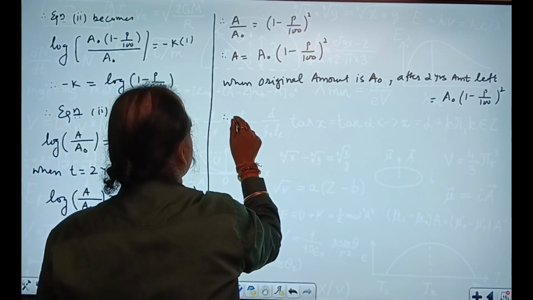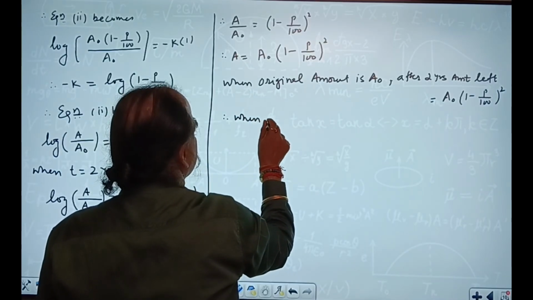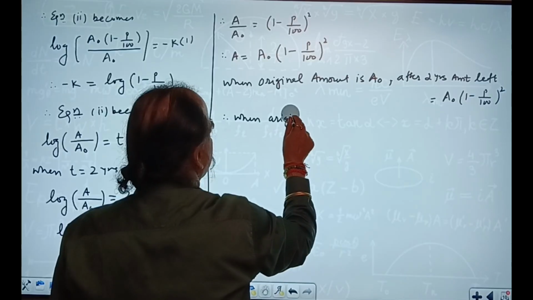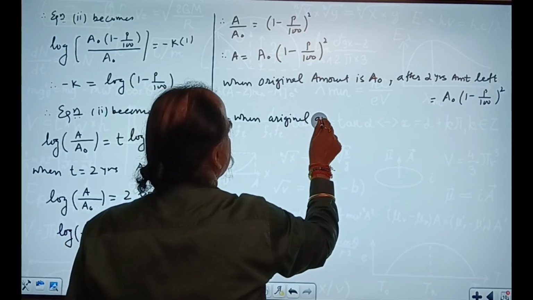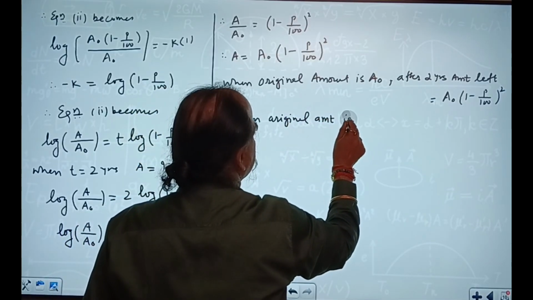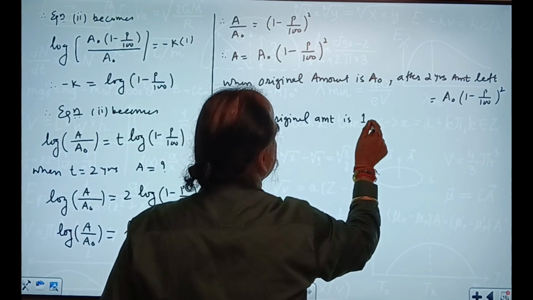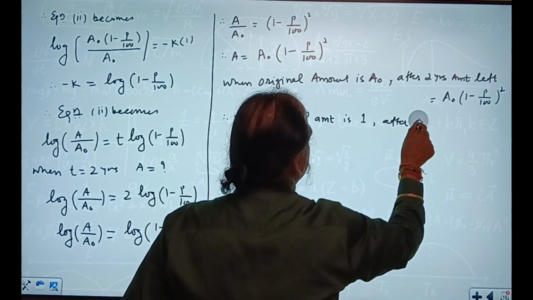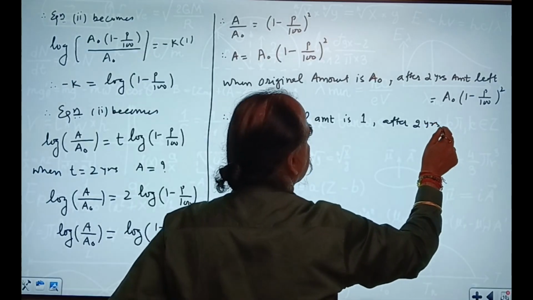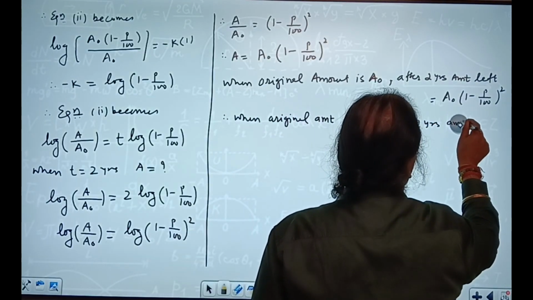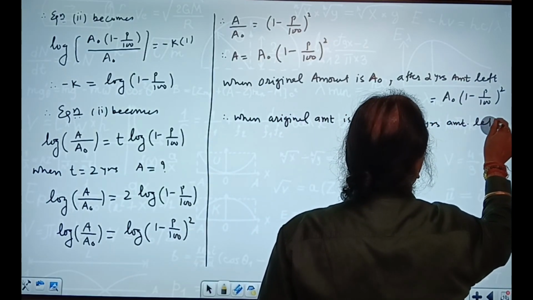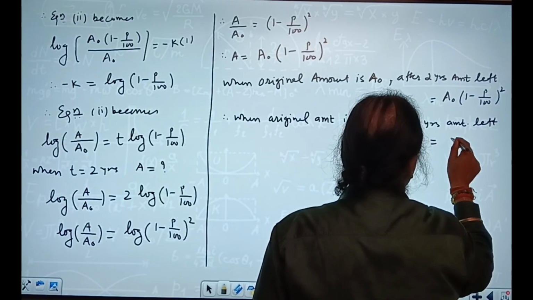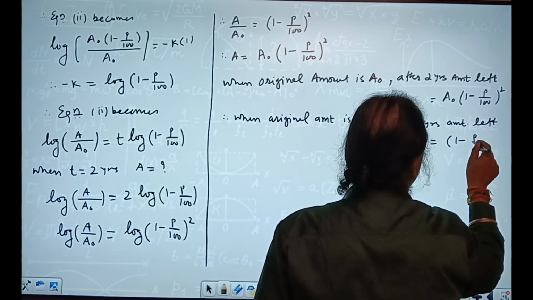Therefore, when the original amount is 1, after 2 years, the amount left will be what? 1 minus P by 100 whole square.